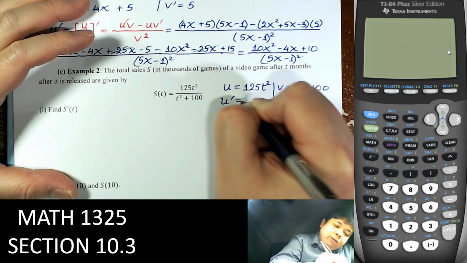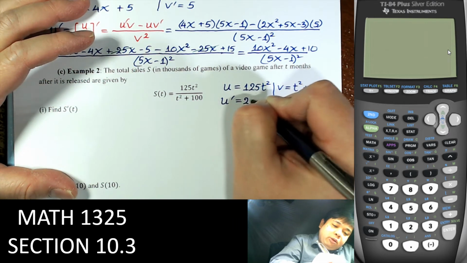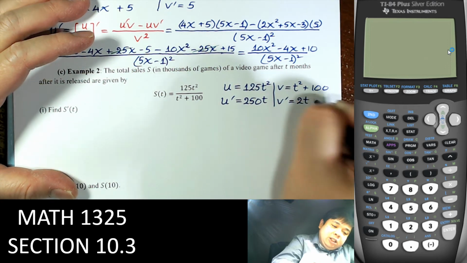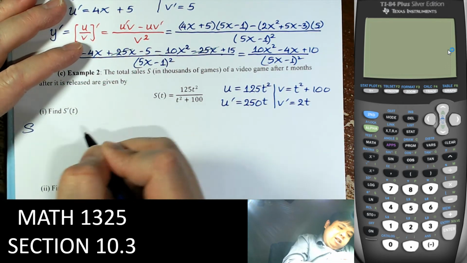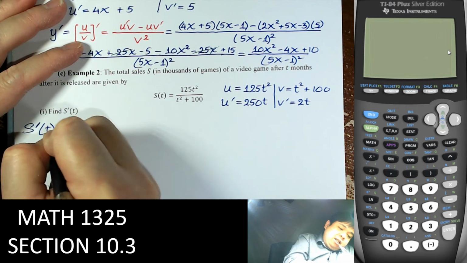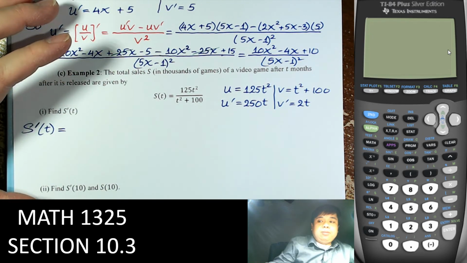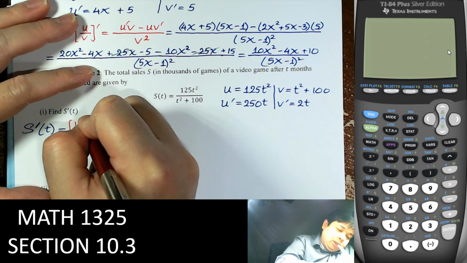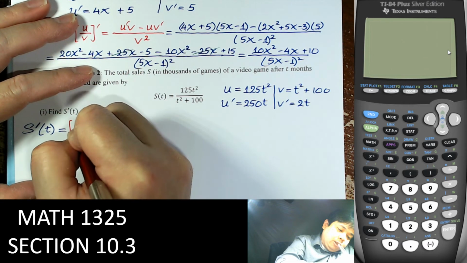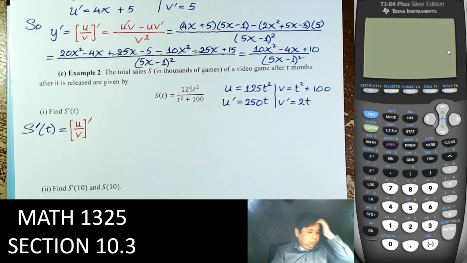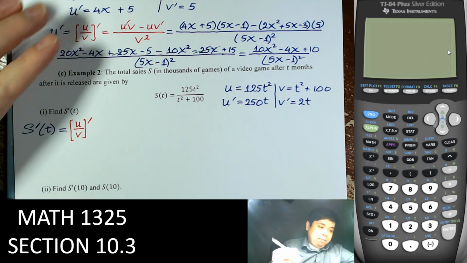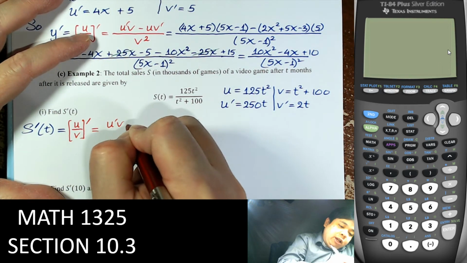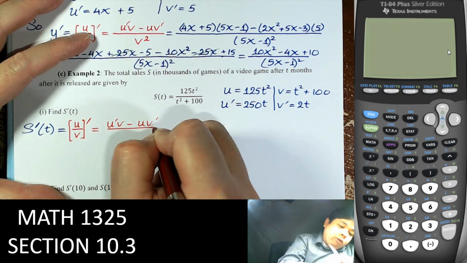So the derivative of that: take out the 2, that will be 250t, and v prime will be 2t. So the derivative of s(t) equals, quotient rule, u prime v minus u v prime over v square.